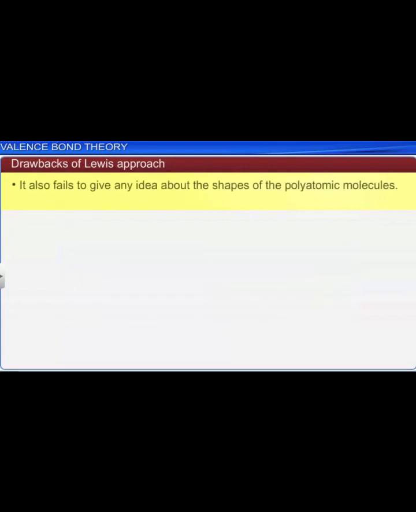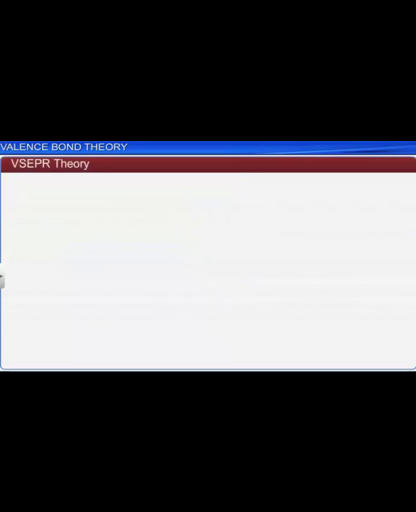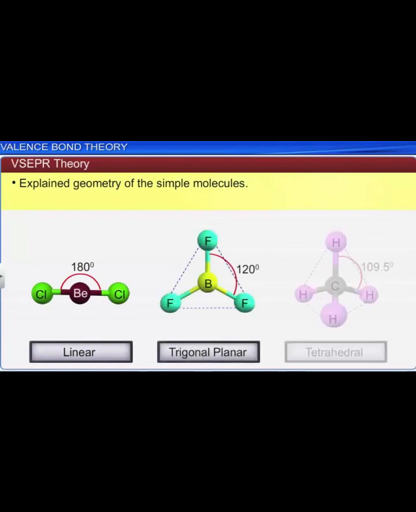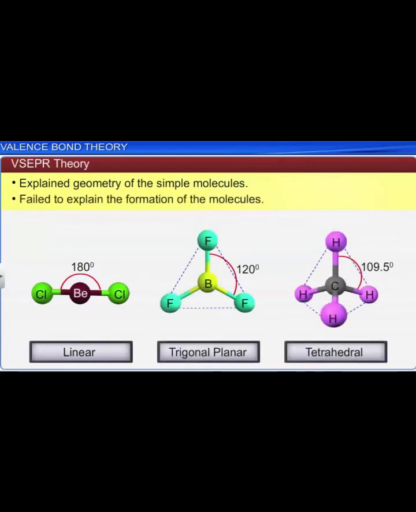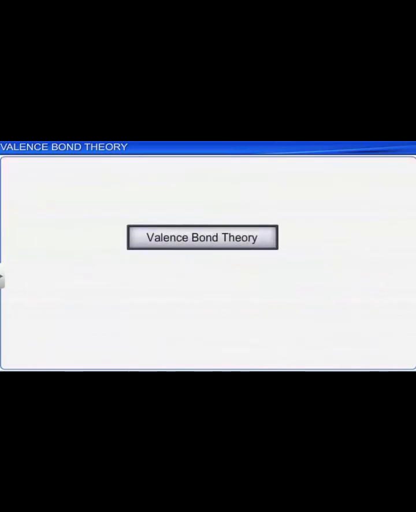It also fails to give any idea about the shapes of the polyatomic molecules. The VSEPR theory, on the other hand, gives the geometry of the simple molecules but fails to explain their formation. To overcome these limitations, the valence bond theory and the molecular orbital theory, which are based on quantum mechanics, were introduced.